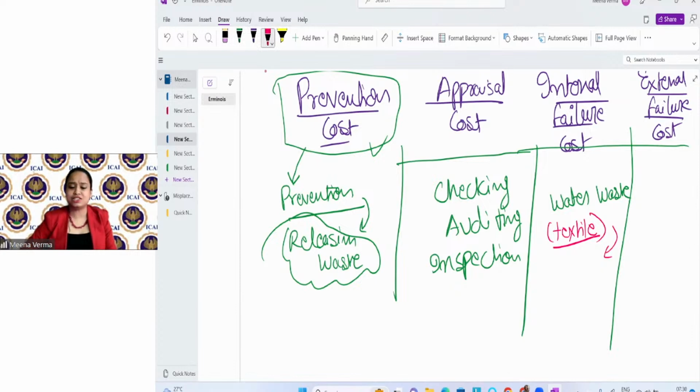The textile industry will have to refilter this water, and instead of releasing it in rivers or oceans, they should recycle it, refilter it, and reuse it in the company again. Obviously, when the filtration process is required, this will result in cost. It will come under internal failure cost.